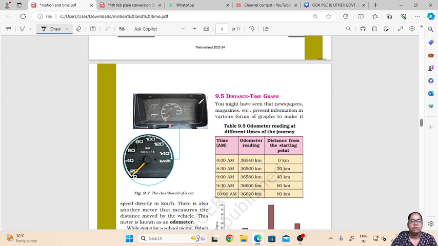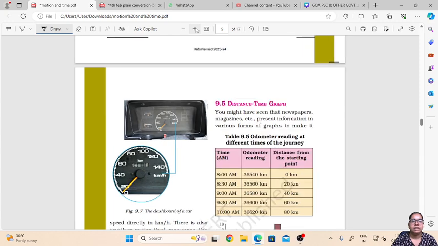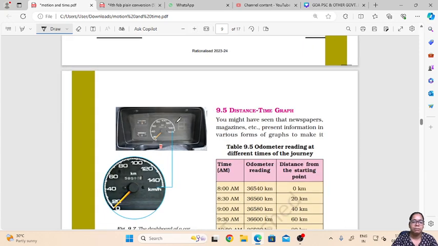This type of devices are there in our cars and vehicles, wherein they help us to measure the distance. They help us in measuring the speed of the car or the bike.